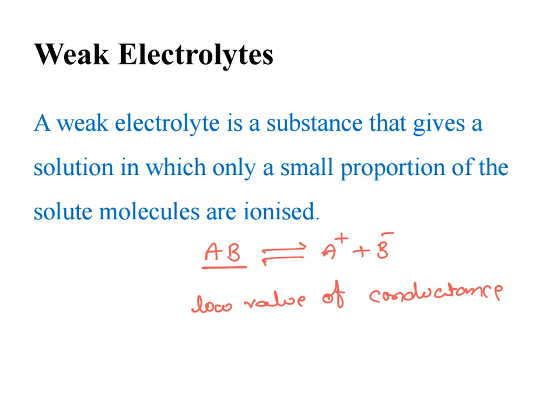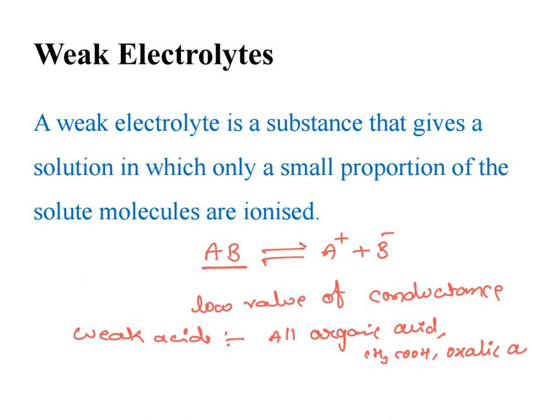Examples for these weak electrolytes are all weak acids. Weak acids are weak electrolytes. In this weak acid, all organic acids are weak acids, like acetic acid, oxalic acid. All weak bases are weak electrolytes like ethylamine, methylamines.